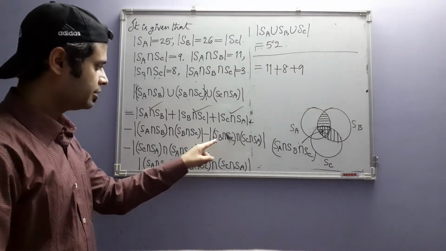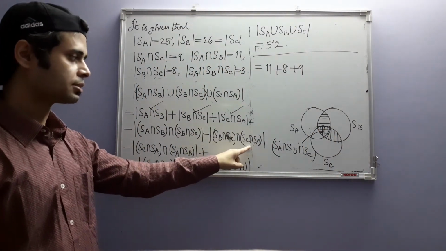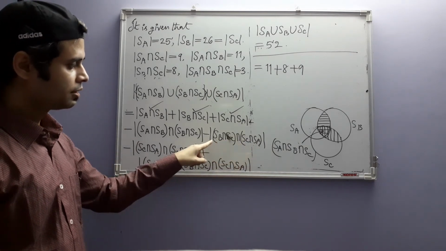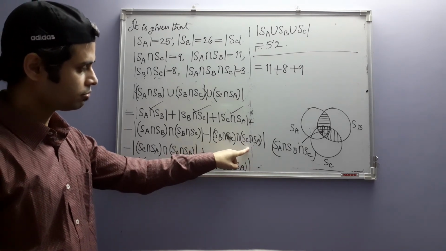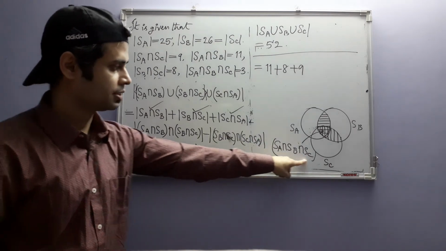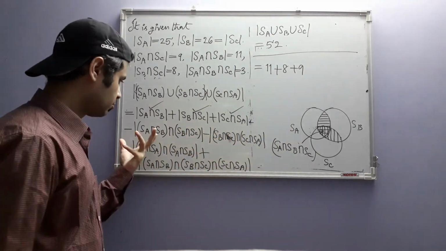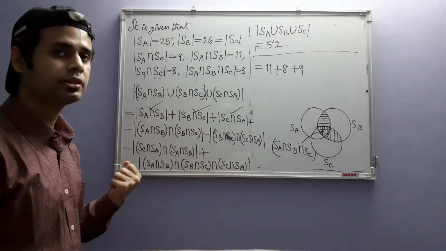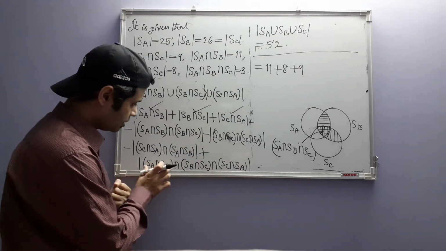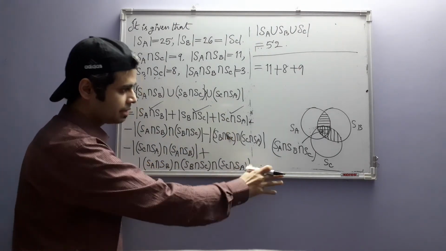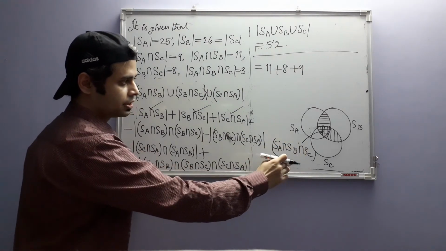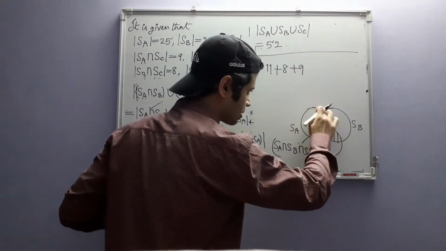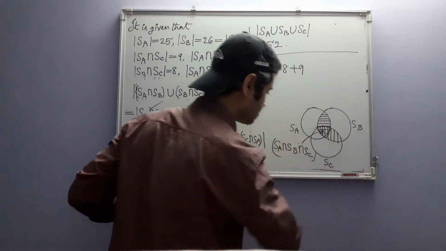Okay. Similarly, if you look at these ones, you will also see that here also you have this same set. So although these things look different, they are actually the same thing. In fact, this one also is the same thing, SA intersection SB intersection SC, because it's the intersection of these three sets.